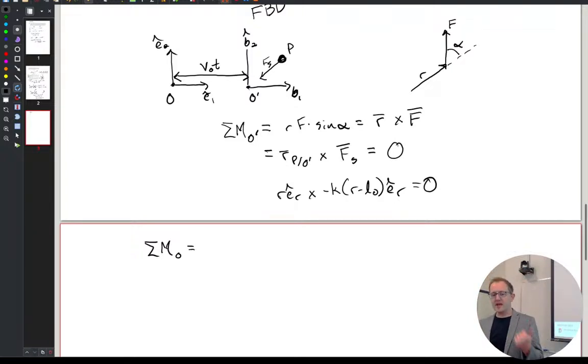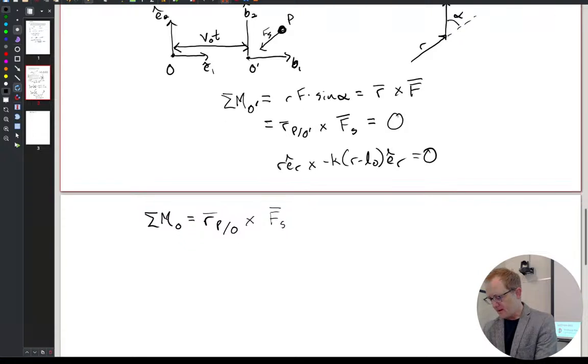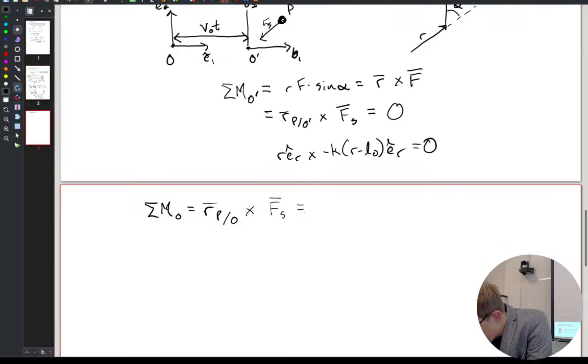We can use the same definition, right? The position RPO, so the absolute position of our point, crossed with the sum of the forces around O. And we want to know, is this 0?